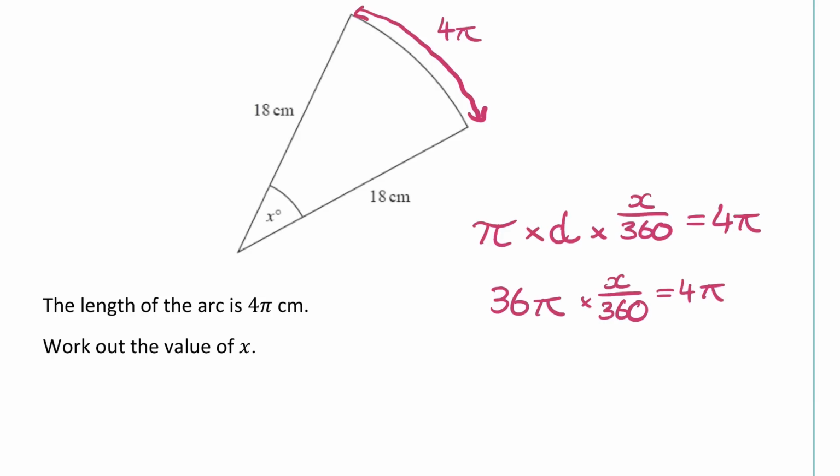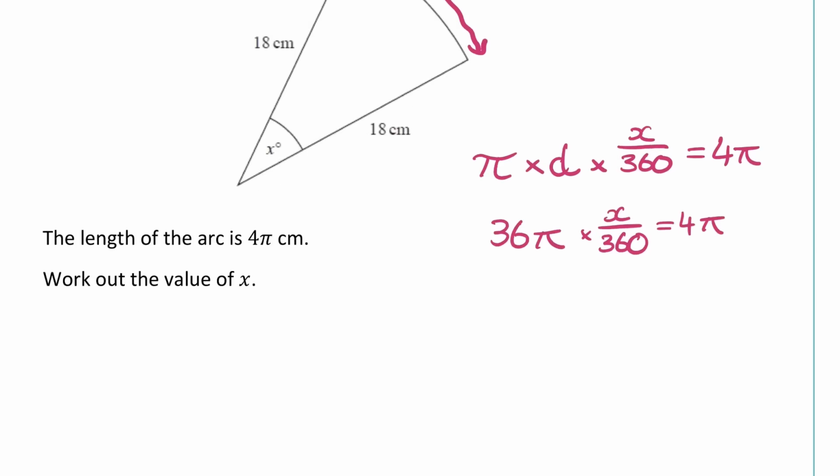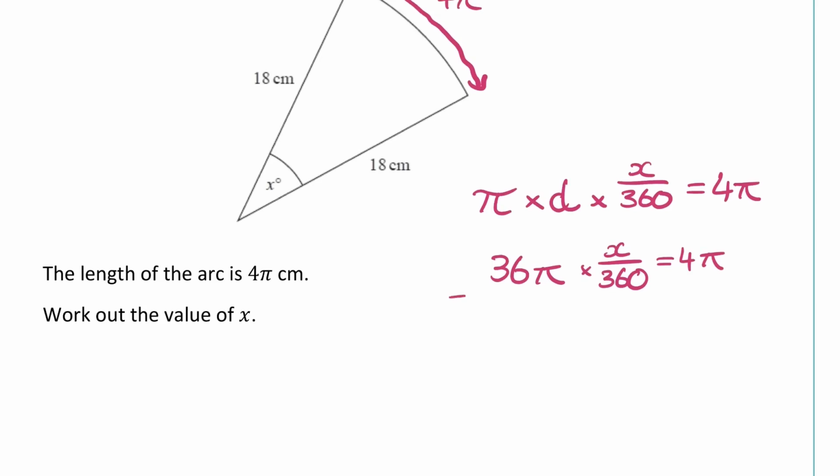Now we need to actually rearrange this to figure out what's going on. So what we can do is divide both sides by 36 pi. Remember, I want to isolate x here. I want to know what x is. That's the whole point. And we've got an equation. So divide both sides by 36 pi, and we get x over 360 is equal to 4 pi over 36 pi.